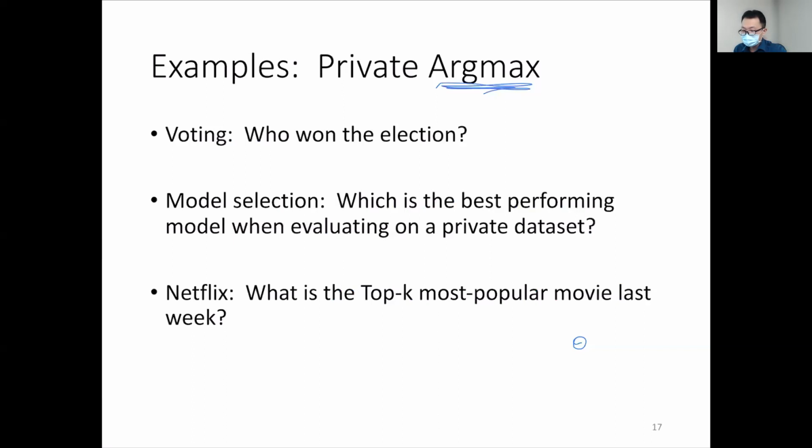Similarly, we can consider the problem of model selection. Let's say that we have a private holdout data set, a private test data set, and you are given n different machine learning models, and you just want to evaluate these models on the private data set and then output the one that is the best, right?